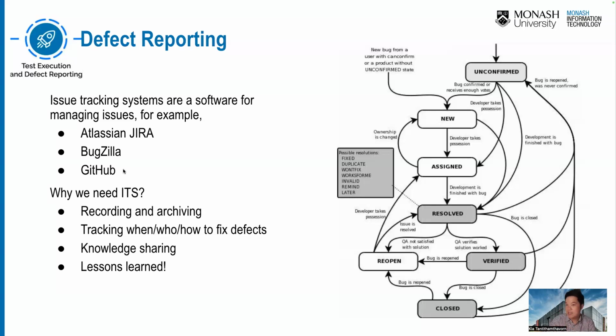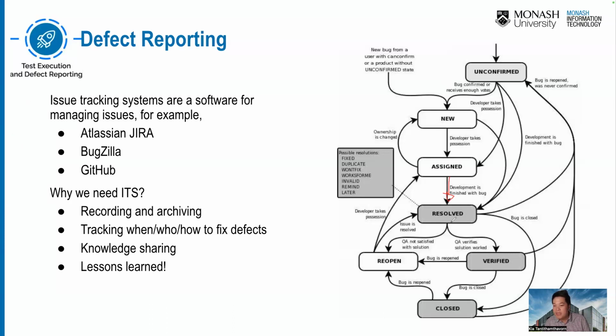And this is the life cycle. Normally, once you find a bug, it can be from the end user, the customer, or the developers. You create a new bug. When you have the new bug, you need to assign a task to a developer who owns the code, and then that developer needs to resolve the bug, fix the bug.